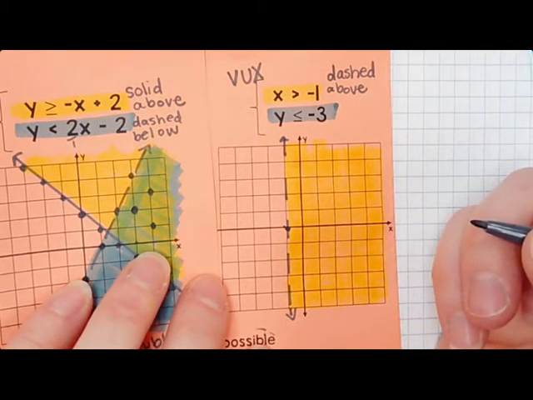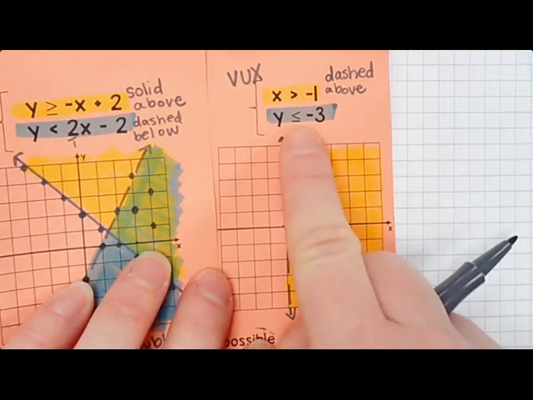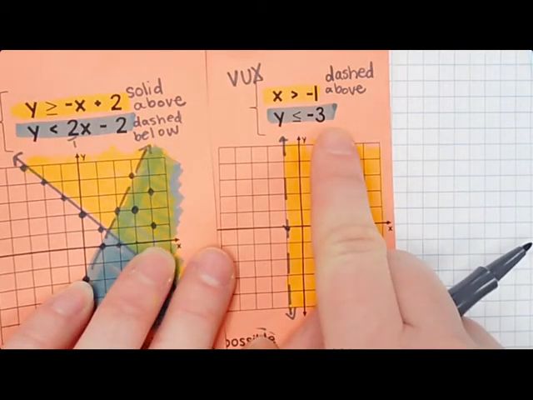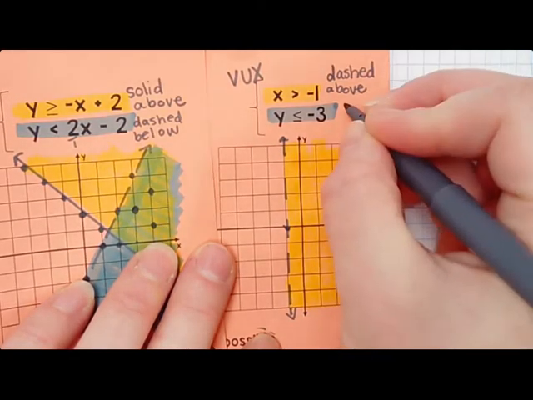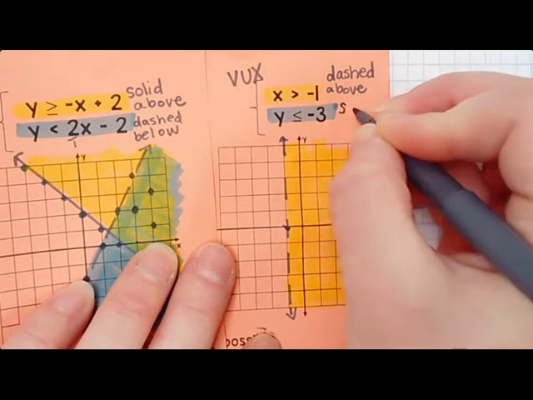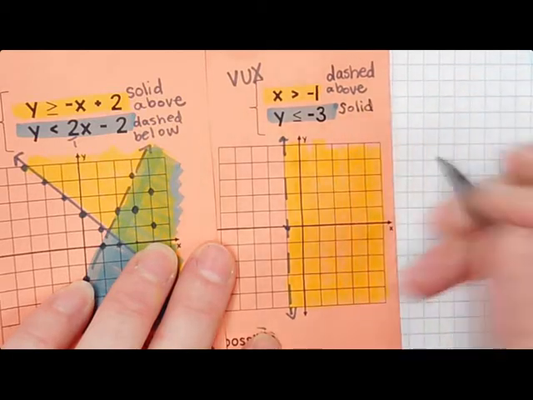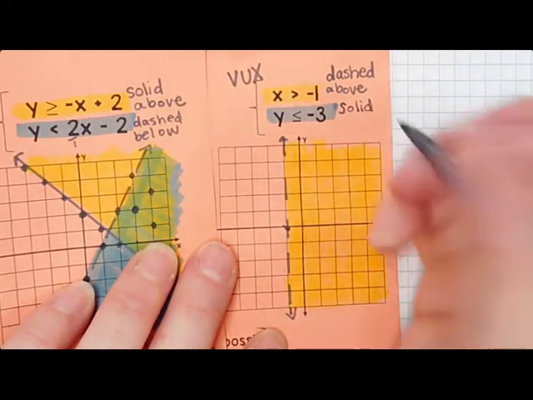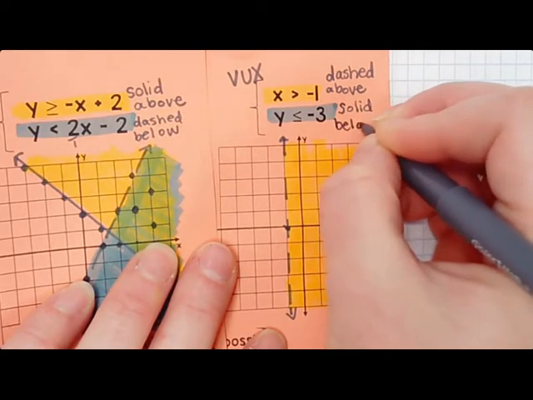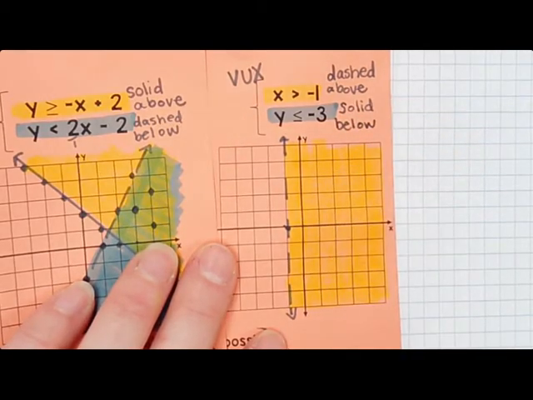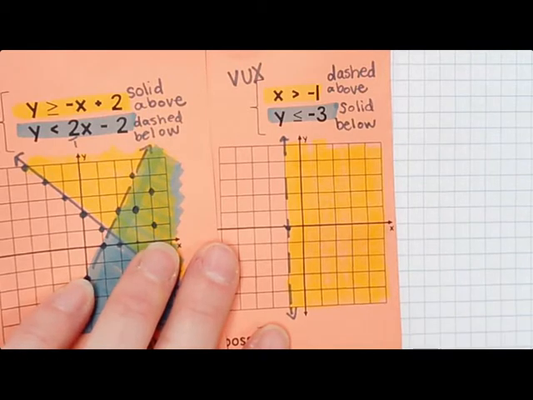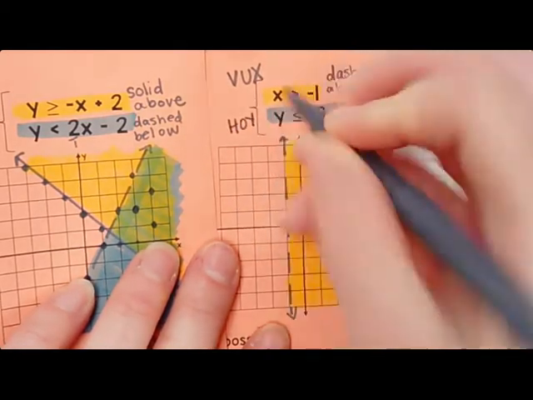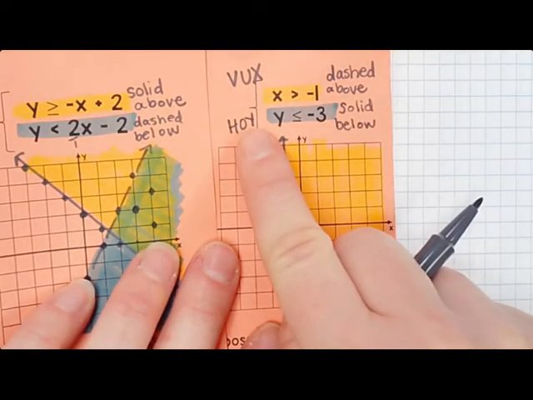Okay, the next part is y is less than or equal to -3. So how is my line going to be? Yeah, it's going to be horizontal. And it's going to be solid. Less than means shading below. This is HOY: horizontal line, 0 slope, y equals number.